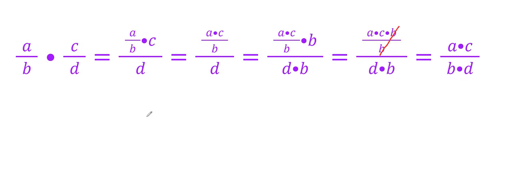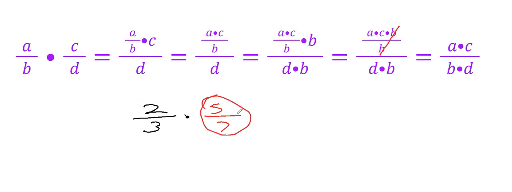Just as a closing note, it's worth mentioning that when you have a fraction times something, I'm just going to make up another fraction here. The top of the fraction multiplies whatever is the recipient of the multiplication, the object, and the bottom divides.